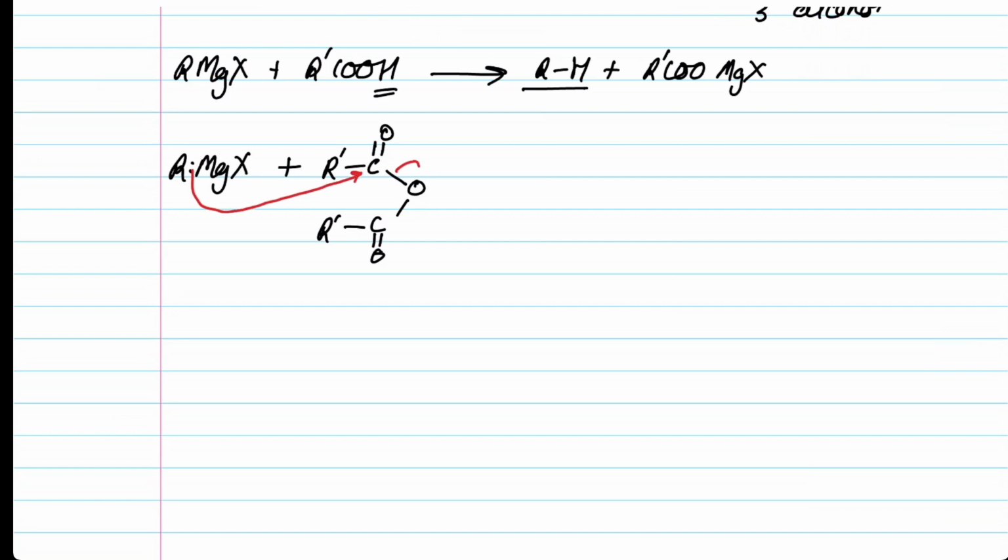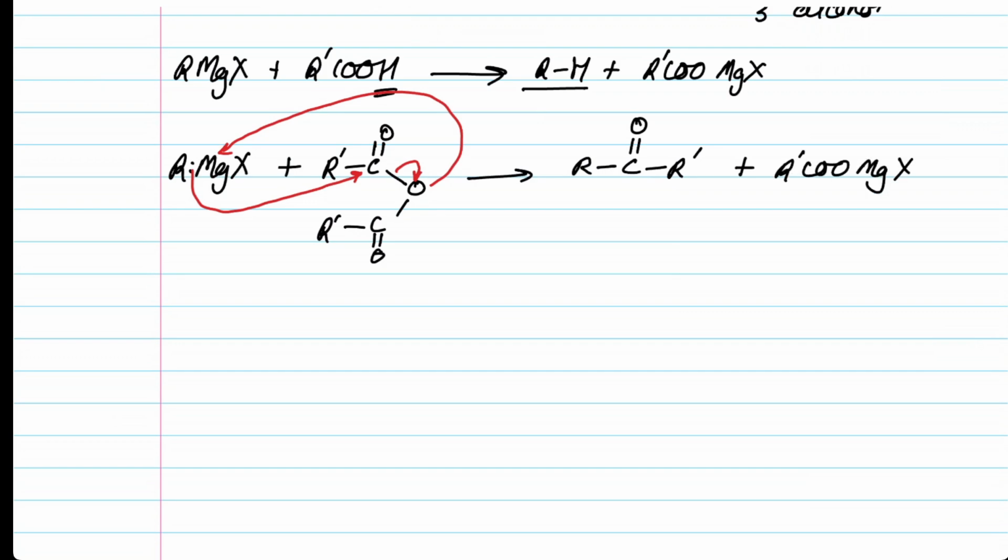The bond cleaves and this oxygen will attack on magnesium. So here we get the compound as R C double bond O R dash along with R dash COO MgX. Now here we have got a ketone in this particular reaction mixture.